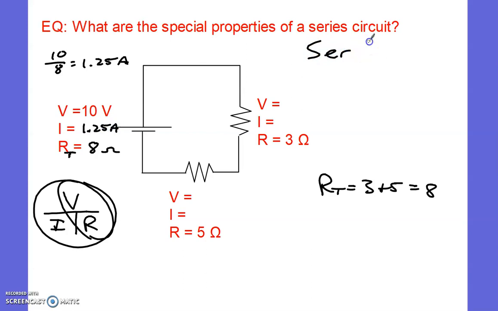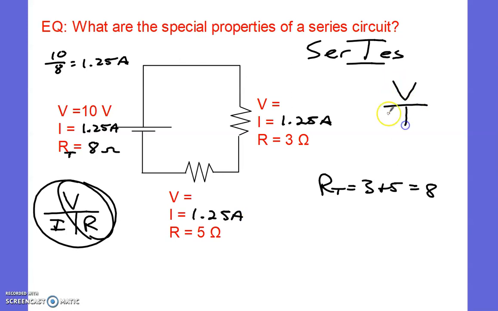In a series circuit, all the I's are the same, so they are all 1.25 amperes. Then we finally solve for the voltages using our Ohm's law.